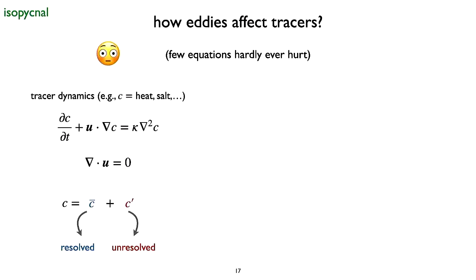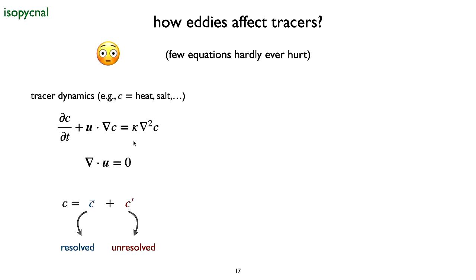So let's imagine the tracer dynamics, how heat or salt or everything evolves in an incompressible ocean. Okay, so this C here is the concentration of either heat or salt or your favorite tracer. Okay, and it's just advected and diffuses.